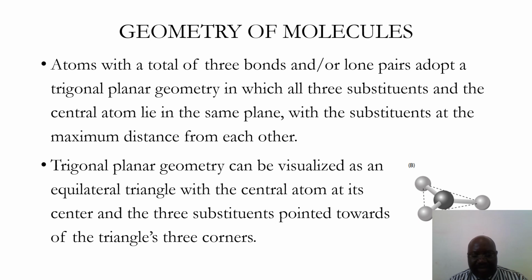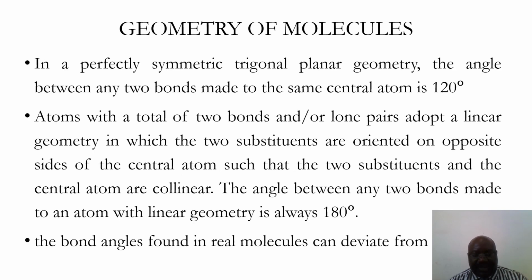Trigonal planar geometry can be visualized as an equilateral triangle with the central atom at its center and the 3 substituents pointed towards the triangle's 3 corners, as shown in drawing B. In a perfectly symmetric trigonal planar geometry, the angle between any 2 bonds made to the same central atom is 120 degrees.